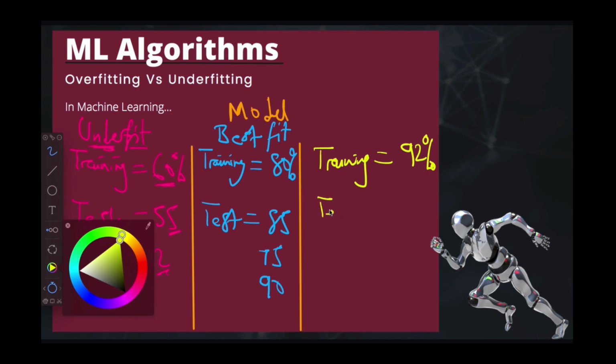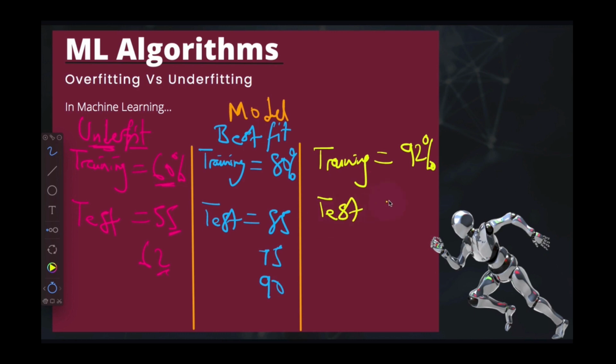Then when we test it on the test data, we are getting something like 70%, or maybe even something like 68%.